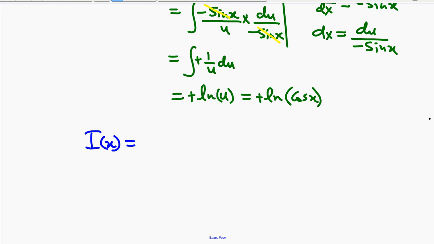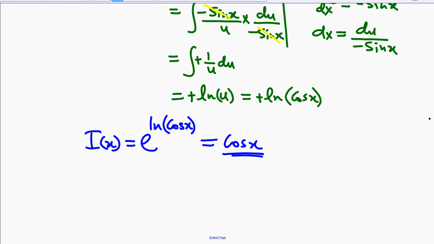Let me write it properly. e to power ln cos x, and that will just be equal to cos x.